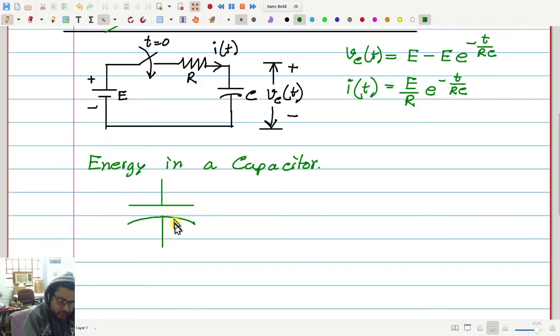Now when there is no charge, then there is no force of attraction or repulsion between the two plates.